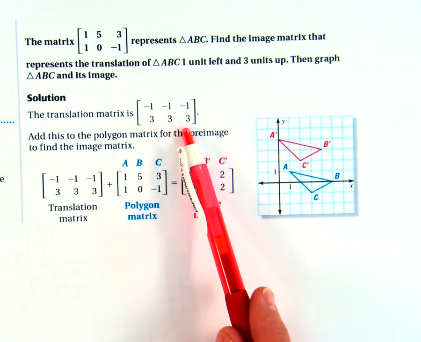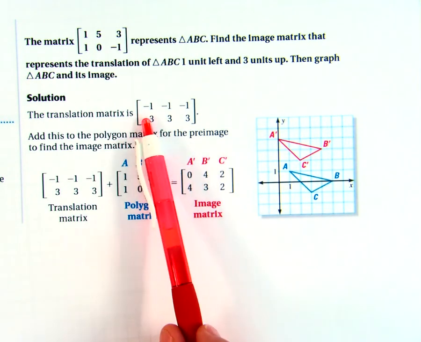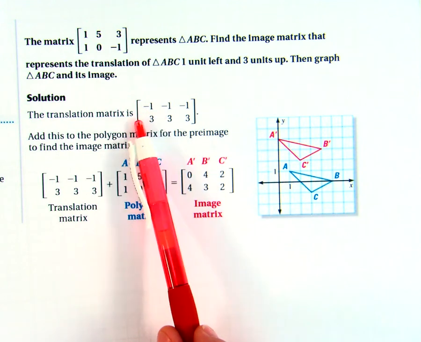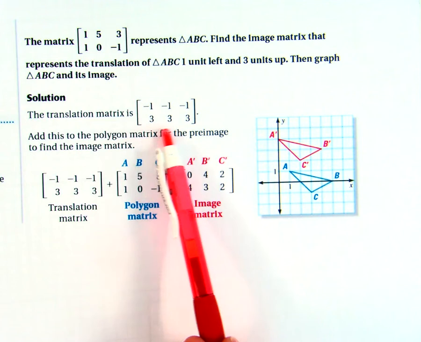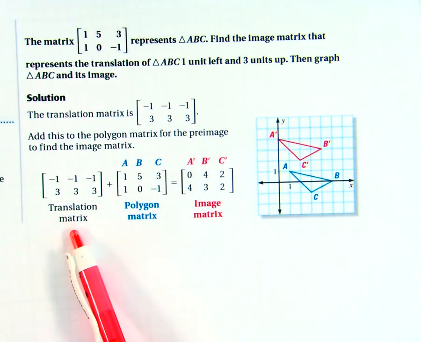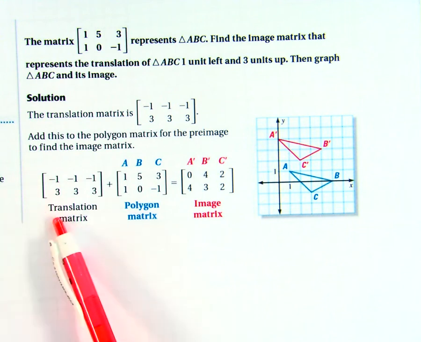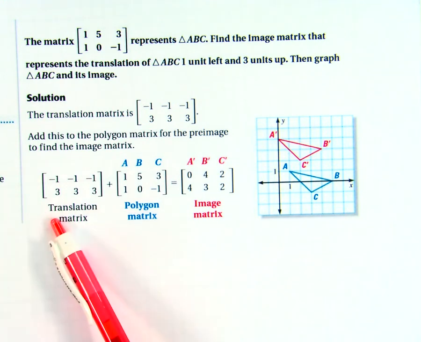A translation matrix means the change that you make to it. So what this is saying is we're going to subtract 1 from each of the X values, and we're going to add 3 to each of the Y values. We place here the translation matrix. We always put the translation matrix as the first one, although it doesn't matter with addition, but we put it first to be consistent.